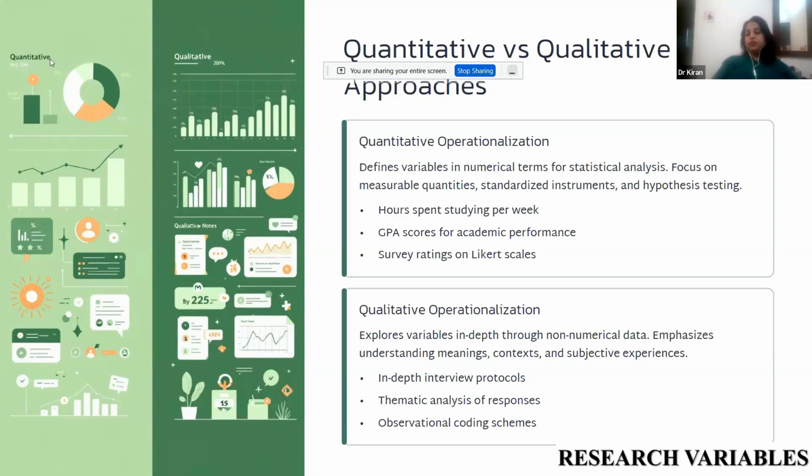Next, qualitative operationalization. Of course, qualitative is poles apart from the quantitative. Quantitative is a number game, qualitative is non-numerical data. So it will definitely come from abstract things, or subjective experiences.